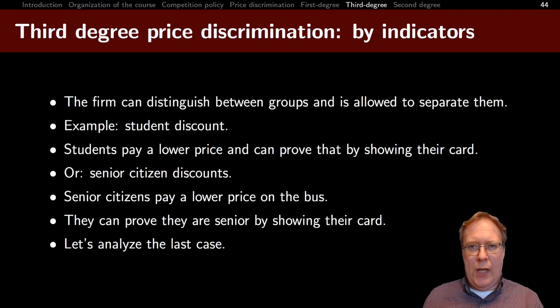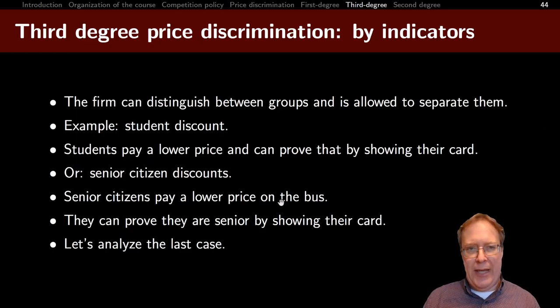So let's now look at third degree price discrimination in a bit more detail. As I mentioned already, the firm can distinguish between groups and is allowed to separate them. As my leading example, let me look at a senior citizen discount.